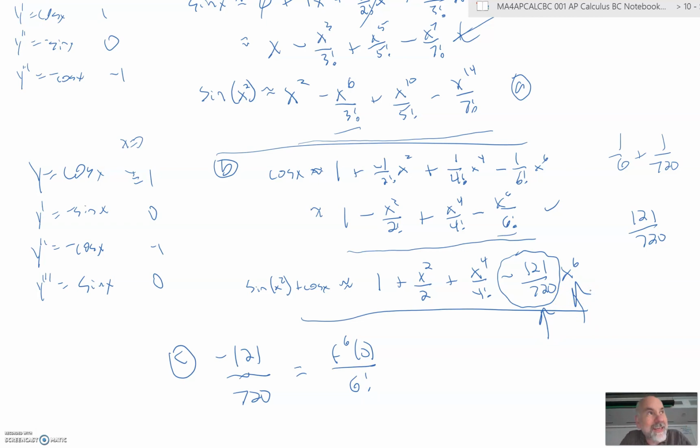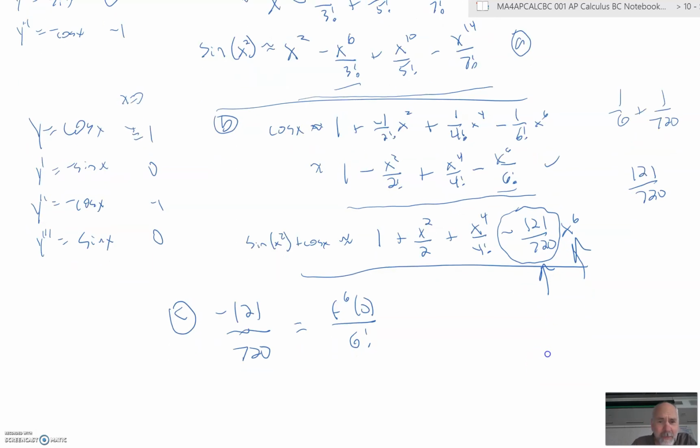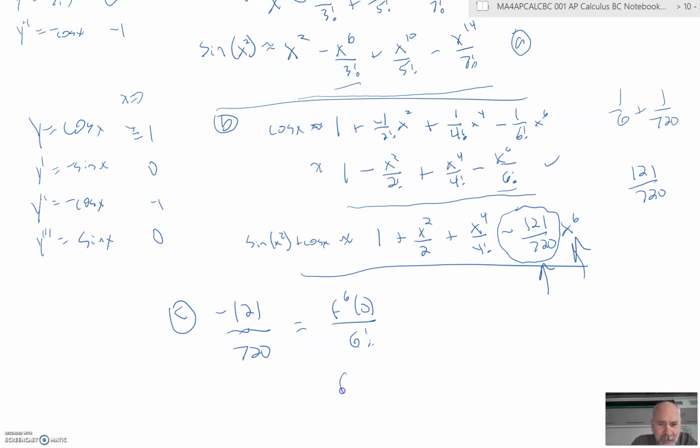So this is where it starts getting kind of interesting. It's like, oh, now I'm using a series that I've created to tell me stuff about the function that I didn't know otherwise. You might be like, well, this looks really bad, Mr. Ellinger. No, it's not, because 6 factorial is just 720, and I multiply both sides by 720, I get f6 of 0 is negative 121. That easy peasy.